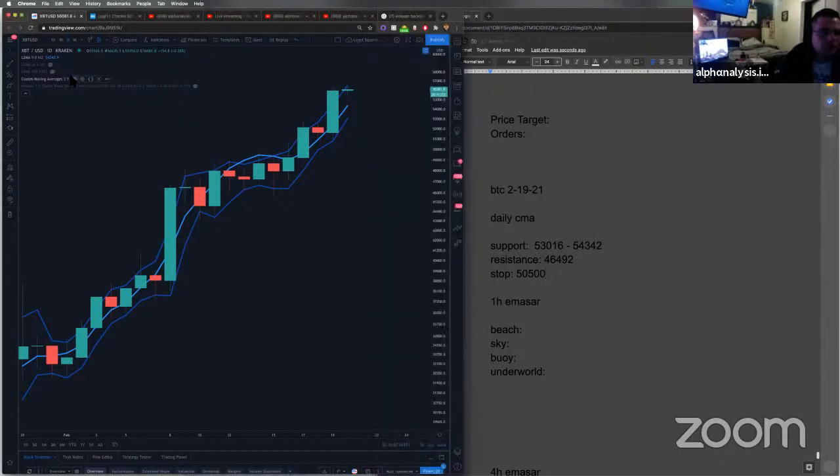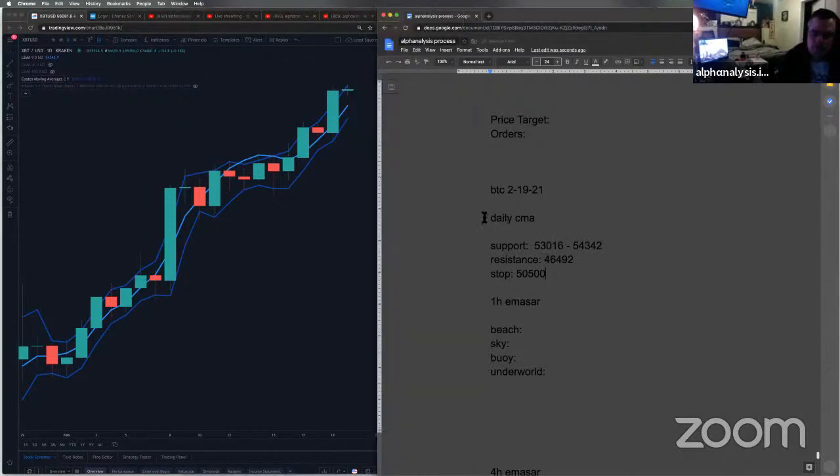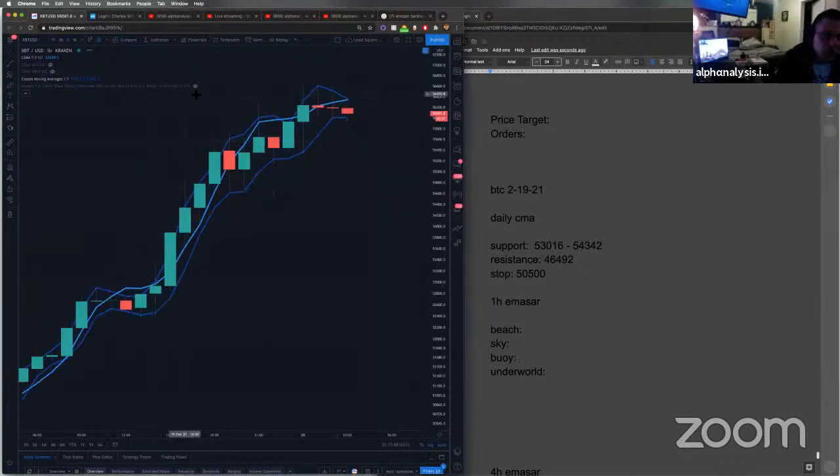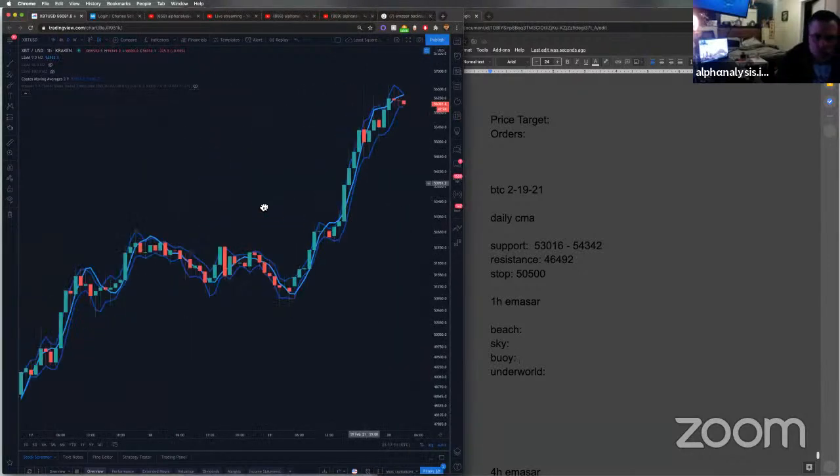Okay. The stop's either going to be based on the last 3 candles' low or 1 hour EMA SAR, depending on what I'm seeing. If you've been following along the last few videos, I'm kind of wondering.